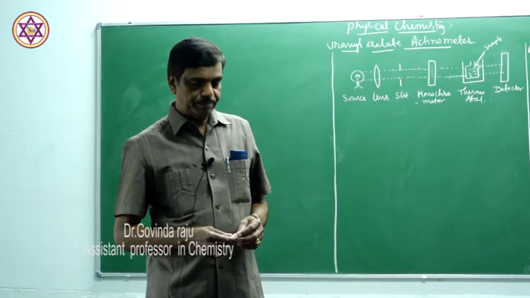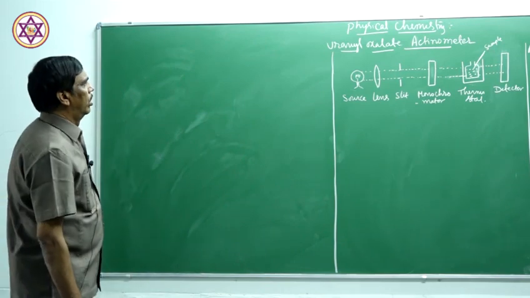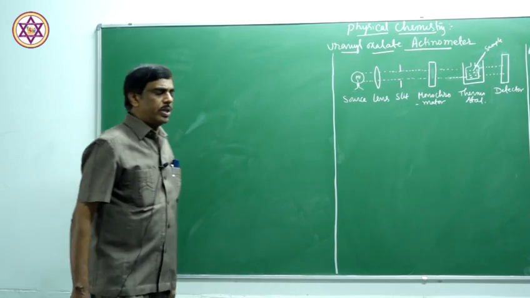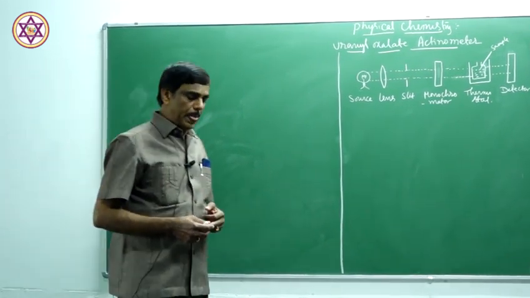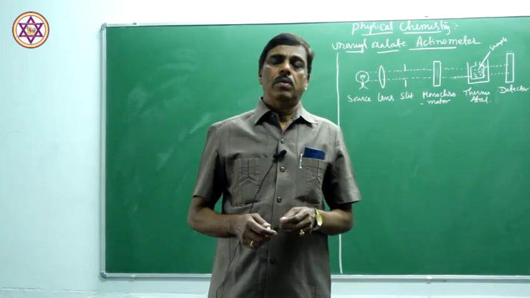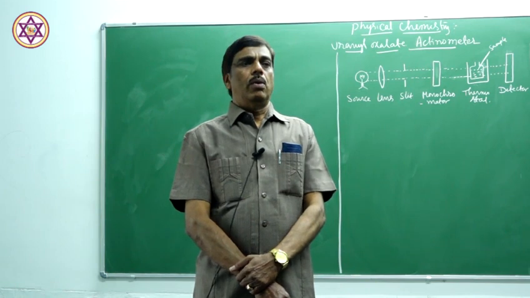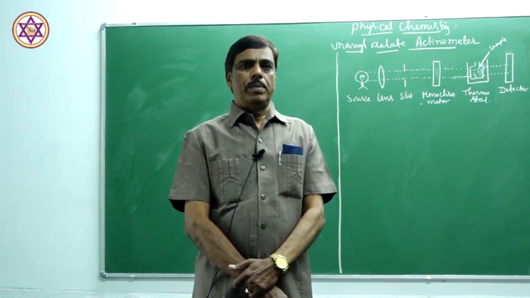Good morning. Dear students, in the last video under photochemistry, we have studied the quantum efficiency of photochemical reactions. Some photochemical reactions have very high quantum yield and some have low quantum yield.